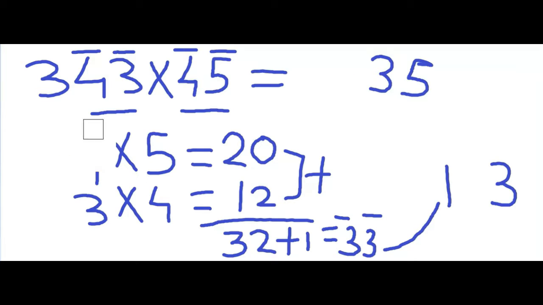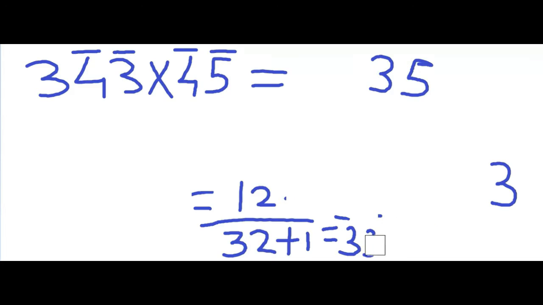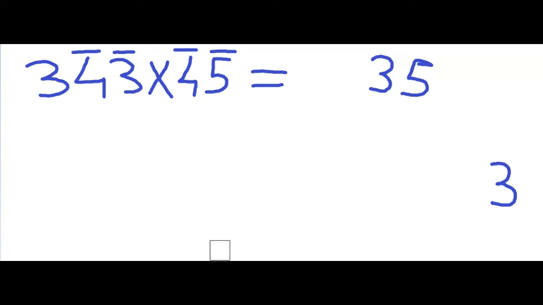I will erase this. So in the next step we will consider the two numbers 45 and 34, and we will do the cross multiplication between these two numbers, means multiply the 3 to the 5 and multiply the 4 to the 4.